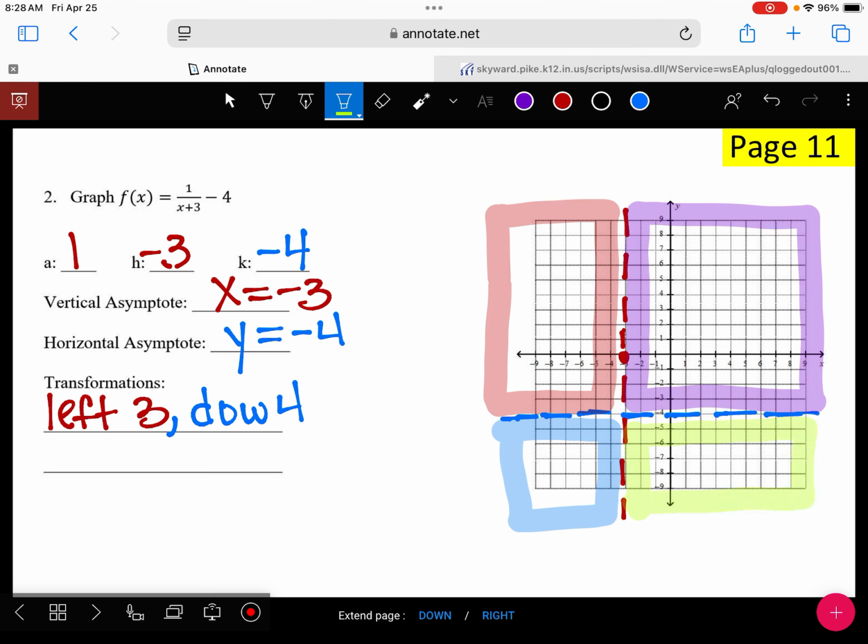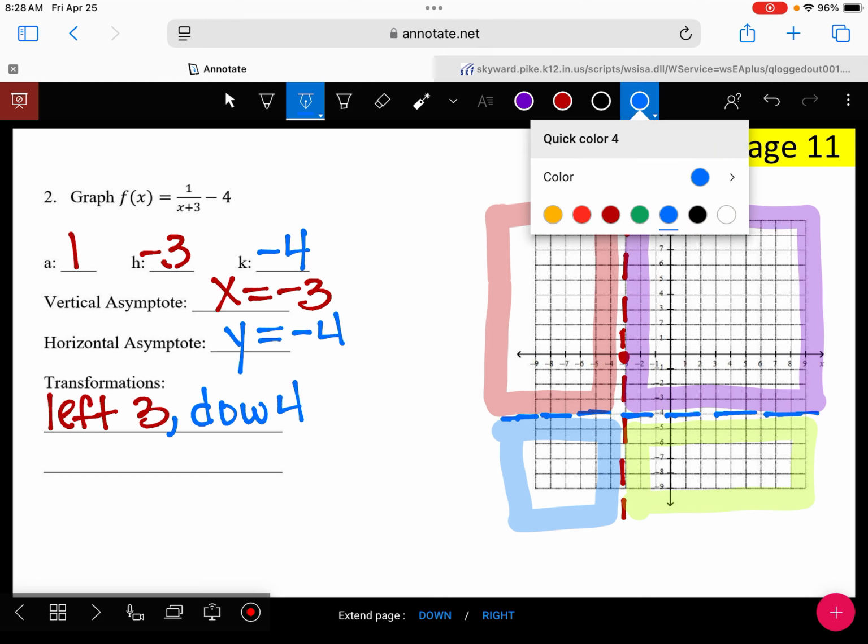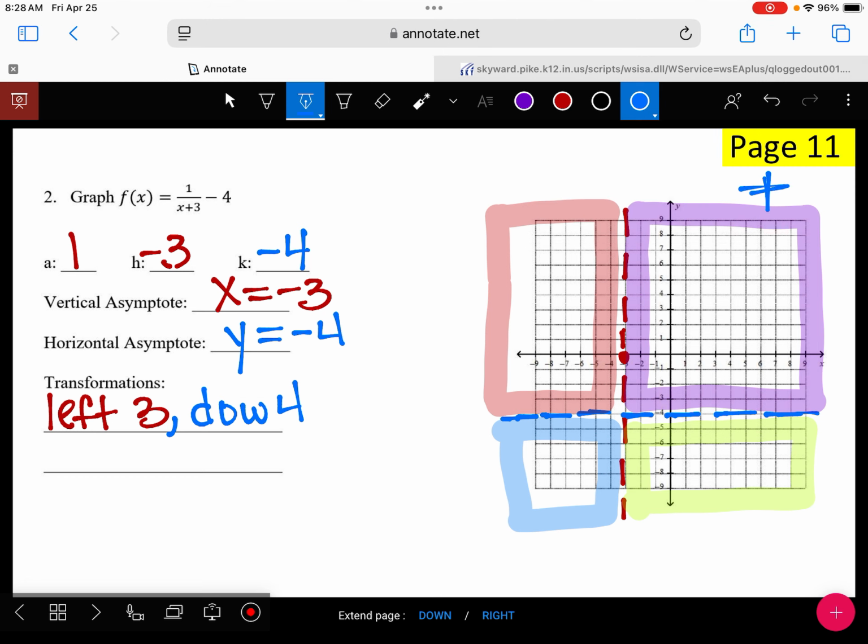We're only going to use 2 of those sections, and that depends on the a value. When a is positive, we use these 2 sections. When a is negative, I use these 2 sections.